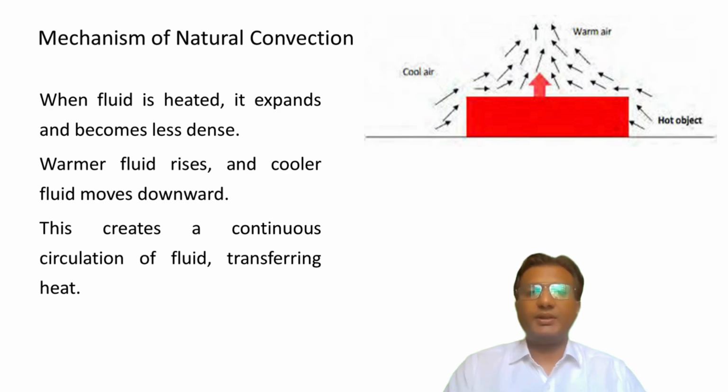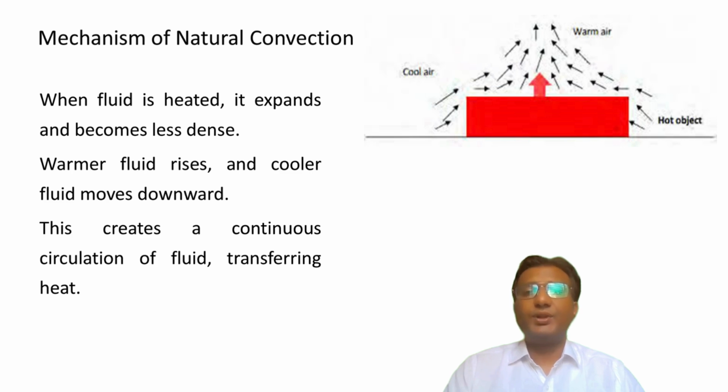The mechanism of natural convection is driven by buoyancy, which is caused by temperature-induced density changes. When a fluid is heated, it expands, becoming less dense. For example, air near a hot surface warms up, reduces in density, and rises due to buoyancy.